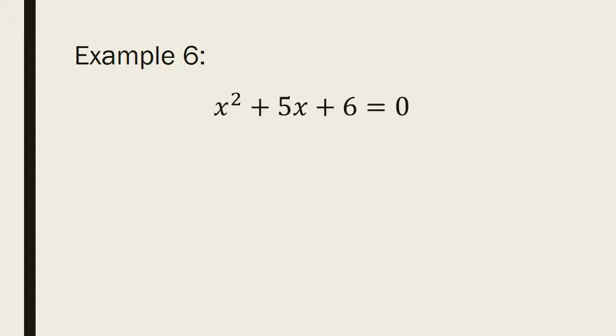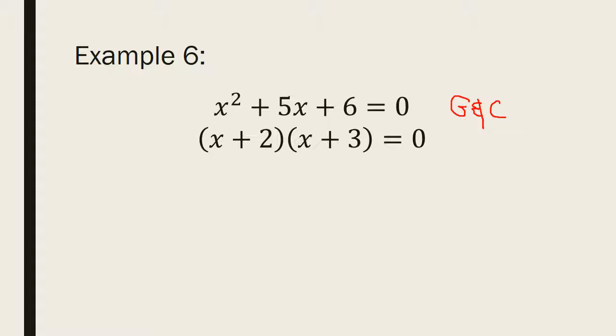To factor this quadratic, I can use guess and check, or the sum and product. I need to think of two numbers. If I multiply, I get 6, and if I add, I get 5, which makes me think of 2 and 3. So my two factors for this quadratic are x plus 2 and x plus 3.